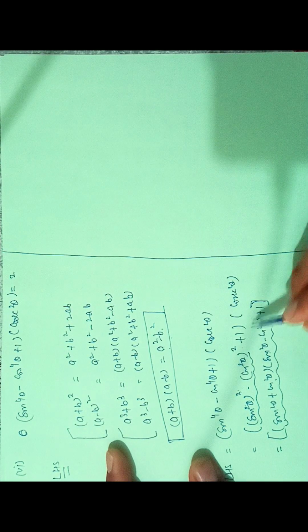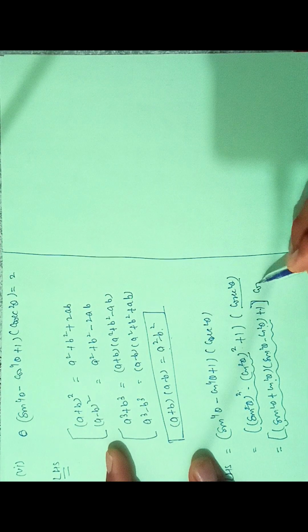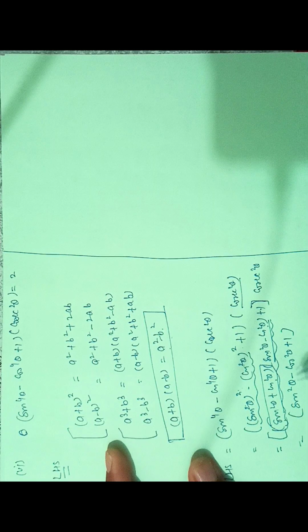I have written this by using the identity a square minus b square, a plus b, a minus b, and we have cosec square theta. Sine square theta plus cos square theta, we'll use 1, and we will be left with sine square theta minus cos square theta plus 1.